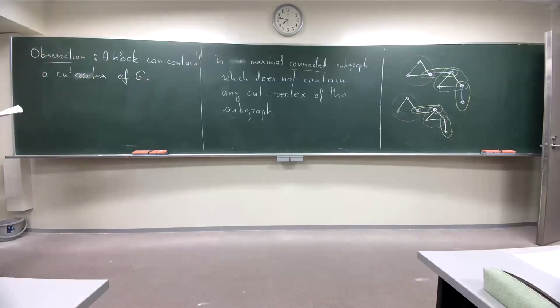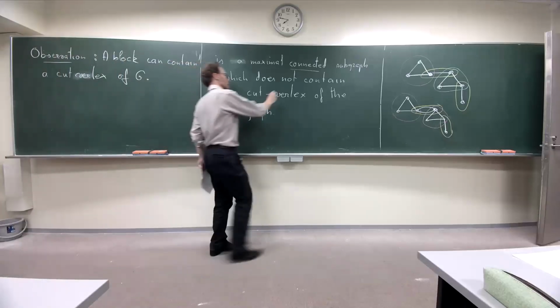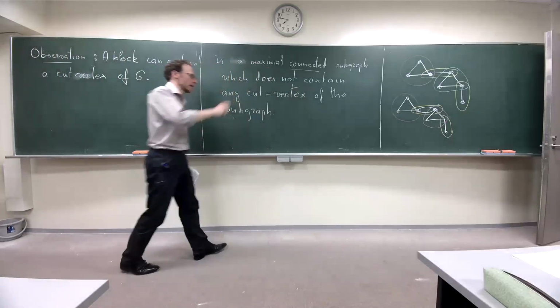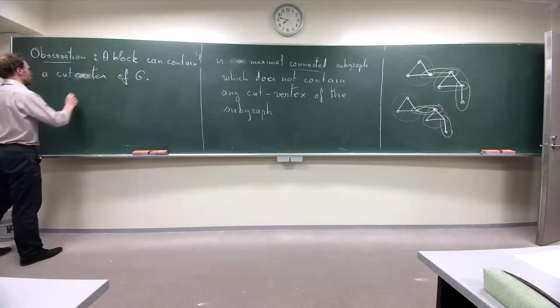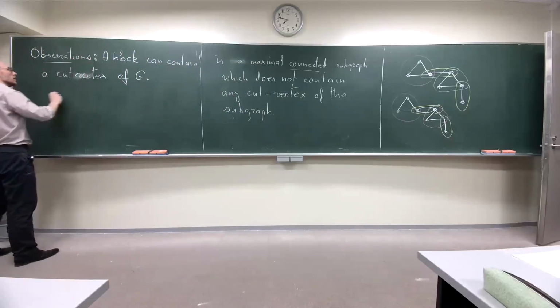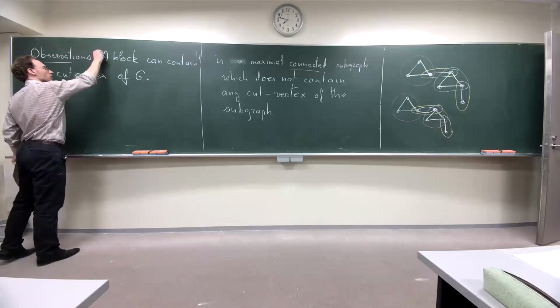It should not contain a cut vertex of the subgraph, but it can contain a cut vertex of the big graph. This is the first observation.